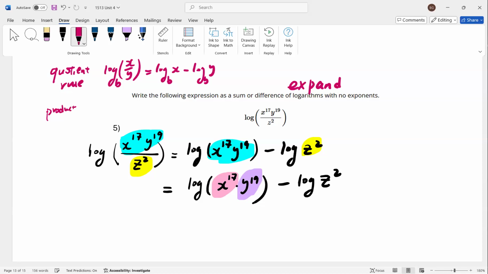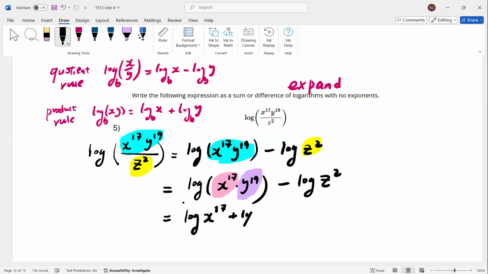Product rule: log with base b of x times y equals log with base b of x plus log with base b of y. When the argument is a product, we can expand that log as an addition of two logs. So here we are going to write that as log with base 10 of pink plus log with base 10 of purple.